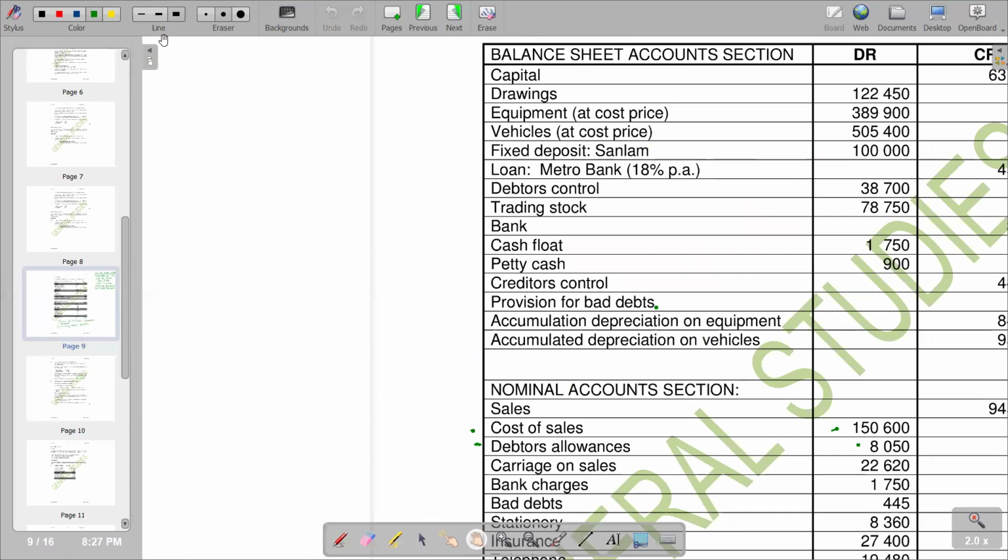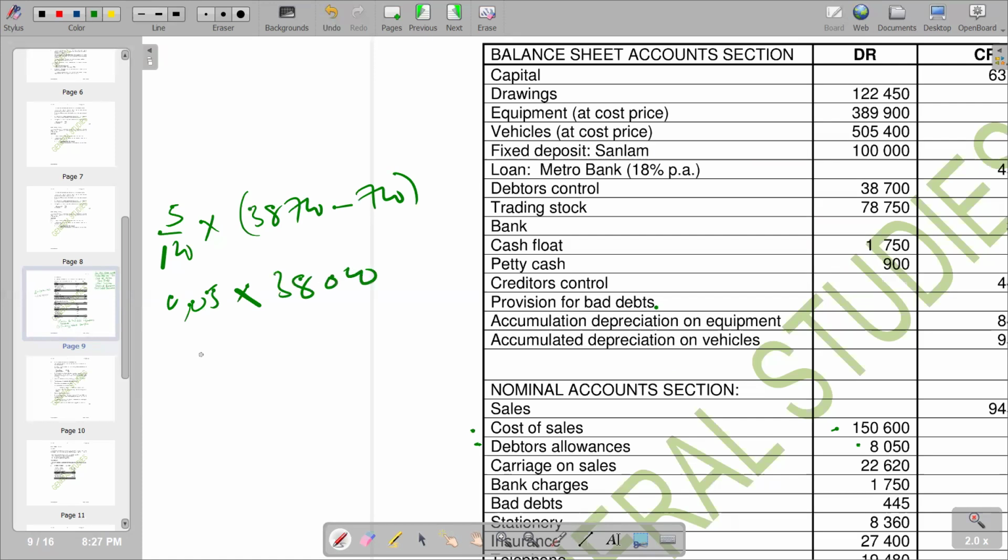So basically, we are giving a calculation by saying 5%, which is 5 over 100. We multiply it by the figure for debtors that we have, 38,700, whereas the 700 is for further bad debts that are going to be written off. So it becomes 0.05 as a decimal times 38,000.